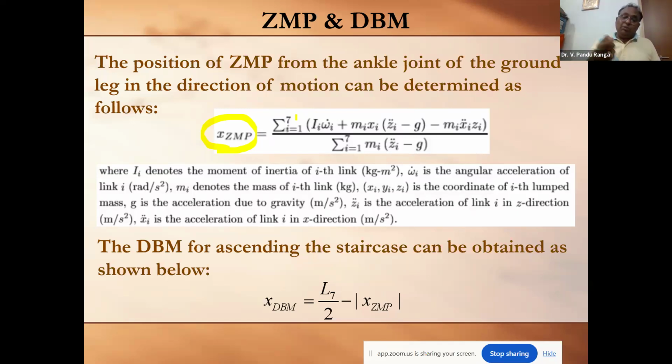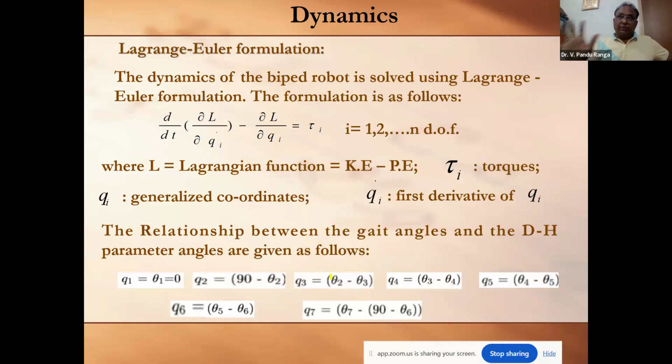In that case, we have to calculate YZMP also. As we restricted the motion of the robot to only one direction, we calculated only the variation in XZMP, and then decided the dynamic balance margin. Half of the foot support polygon minus the point where ZMP is acting will give you the dynamic balance margin in the X direction. With that, we will be able to identify whether the generated gait is dynamically balanced or not.